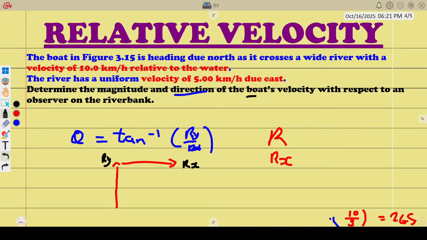So the resultant vector is here in between. Okay, so this is quite interesting. So this is the resultant vector. At this point, this value of theta is here between Rx and R. So this is the theta which we have found.